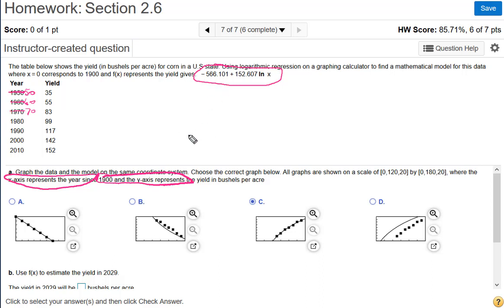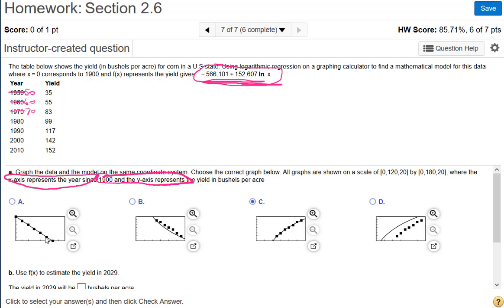Now, if I needed to, I could type the data in L1 and L2, draw the graph of those dots, and then type my function in Y1 and draw the graph of that to pick out the right answer down here. But I feel like you can pick out the right answer just by understanding the concepts that we've been talking about in the past sections.